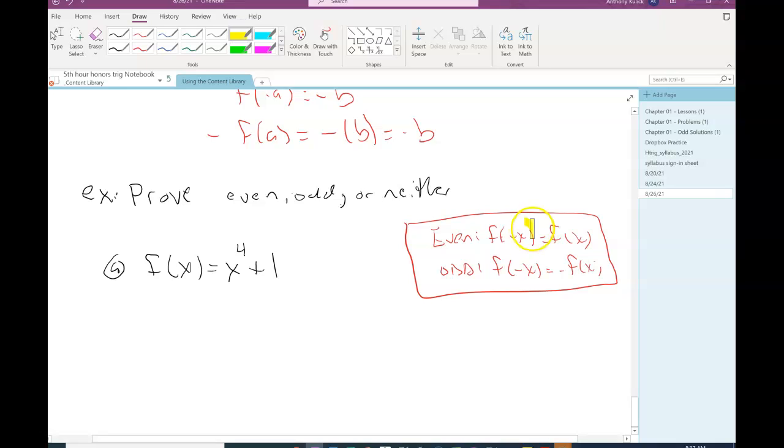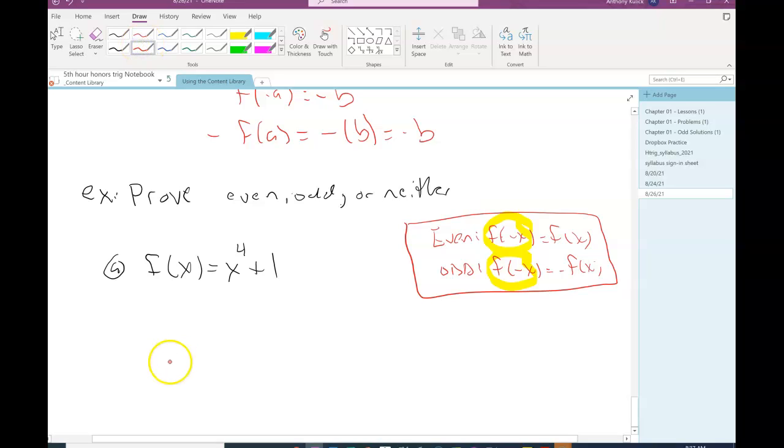And now you see why it was useful to write it in this form, because both of them start the same way, so I don't have to figure out whether I'm looking for something that's odd or something that's even. Looking at the equation, I'm not sure, but it doesn't matter because I'm going to start the same way, whether it's odd or even. You know what I mean?